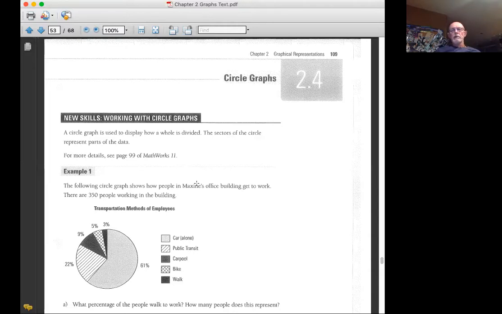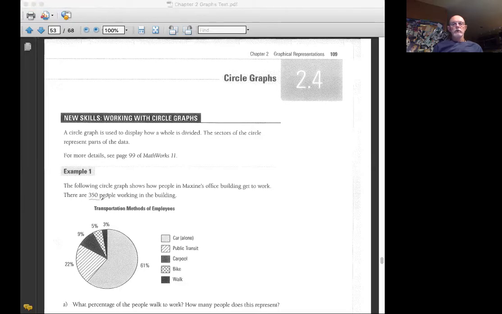I'm going to do most of my work right on this part of the page. Looking at this diagram, one of the things you want to make a note of is this number right here, 350 people. That is the total number that were polled.